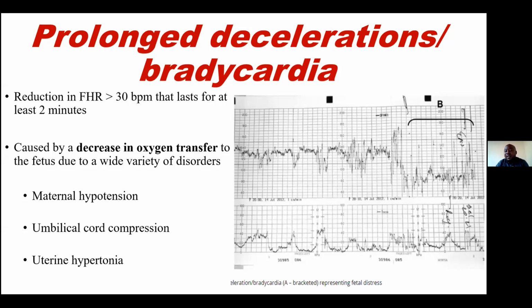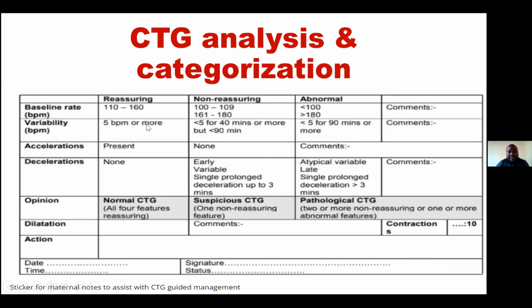Next, please. At the level where we are, having this in the hospital, in the health facility, will help us to know normal and abnormal. The take-home message here is making sure your CTG is reassuring, abnormal, or non-reassuring. There are these important things.